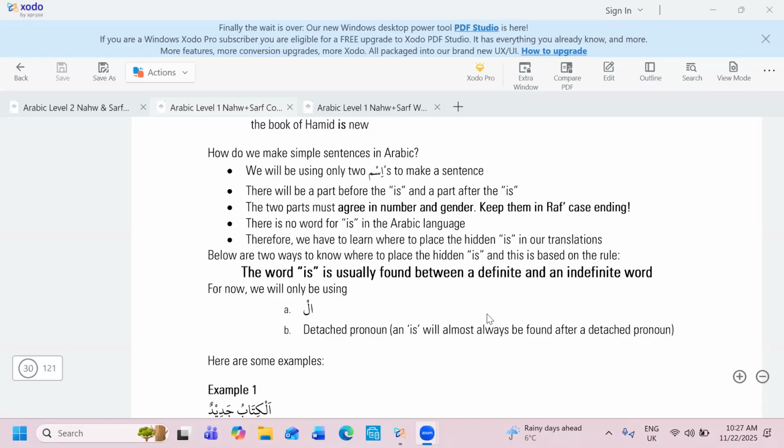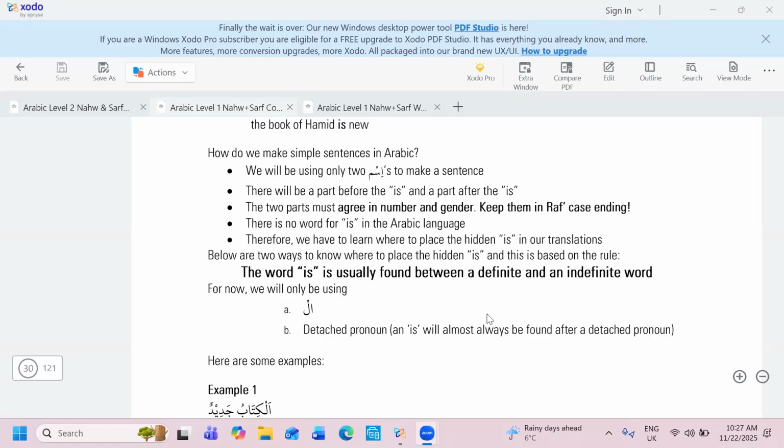So it has to be rafa. The mubtada has to be definite, khabar has to be indefinite, which leaves you with what 2 things? Number and gender. And the rule with number and gender is that the number and the gender of the mubtada and the khabar has to be the same.